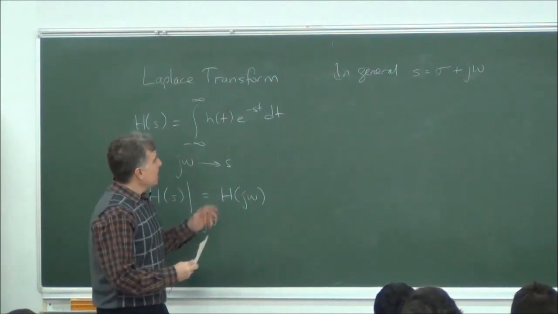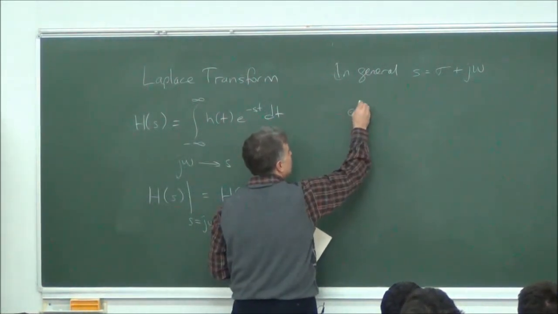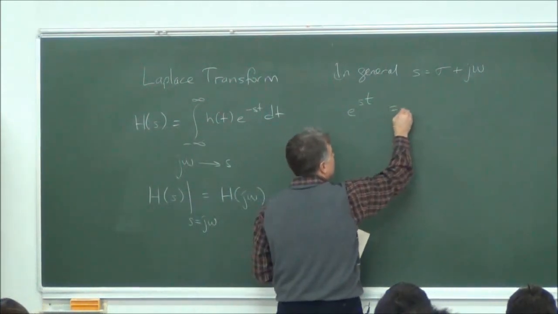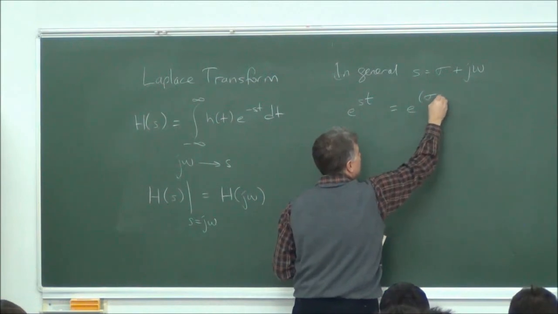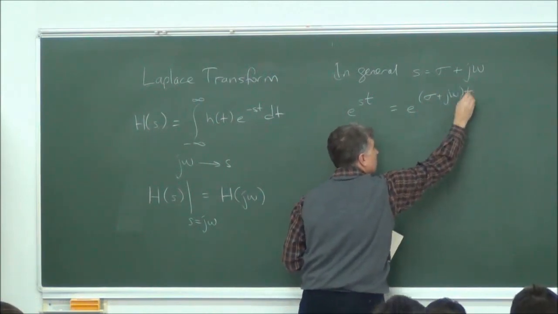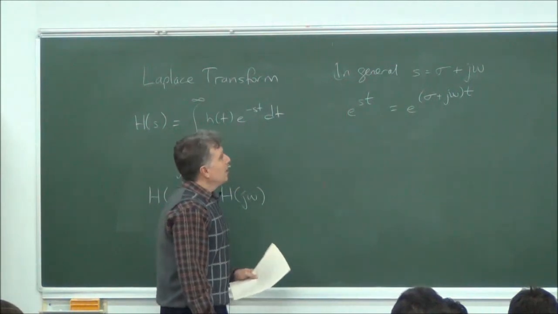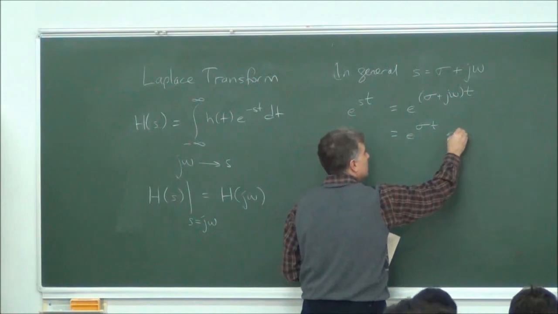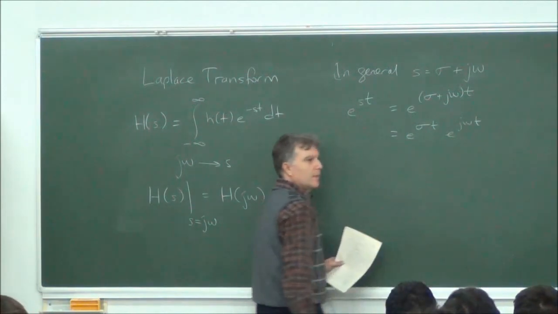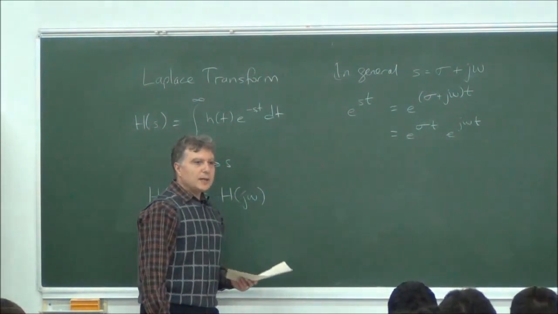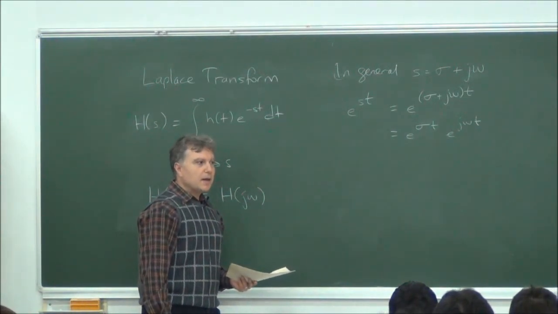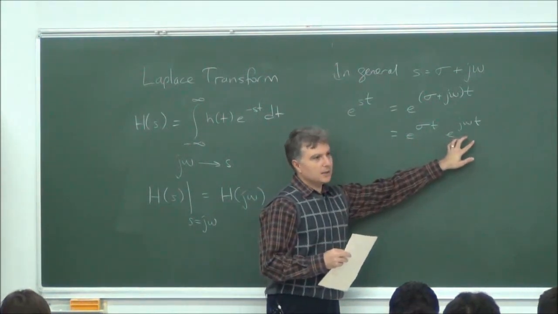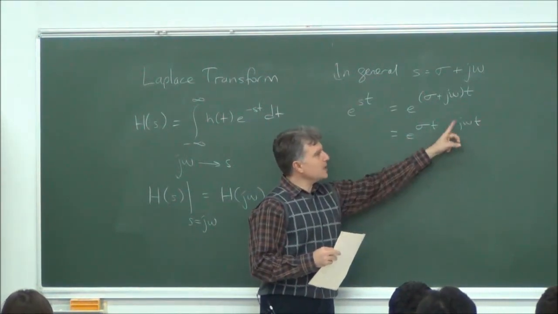Now, if you take a look at e^(st), this signal is equal to e^((σ+jω)t), isn't it? Which is also equal to e^(σt) e^(jωt). So the complex exponential here becomes partly real exponential and partly complex exponential. This complex exponential is a sinusoid.